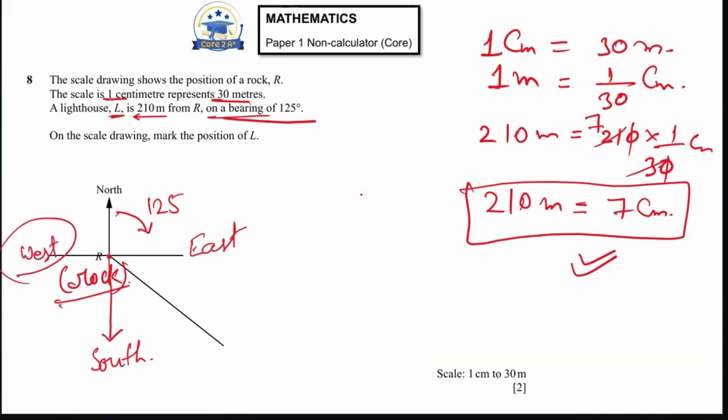Okay. So we have to follow the same direction for all students, right? If it is saying bearing 125, so we have to go with clockwise direction, right? We cannot go in the right side. Okay, this is completely wrong.